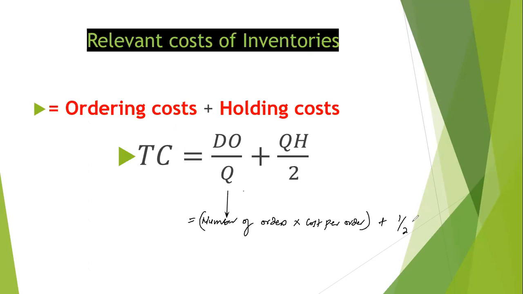Then to get the holding costs, here we get a half times the EOQ, then times H. H stands for the holding cost per unit.